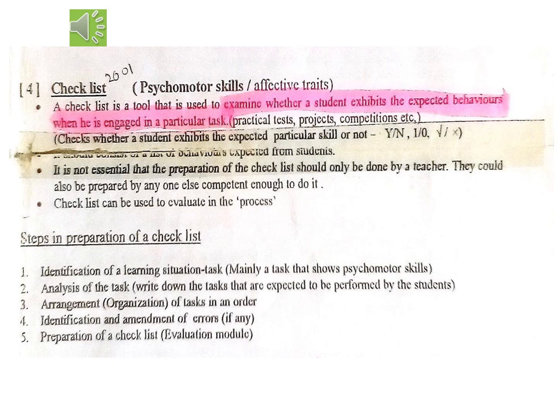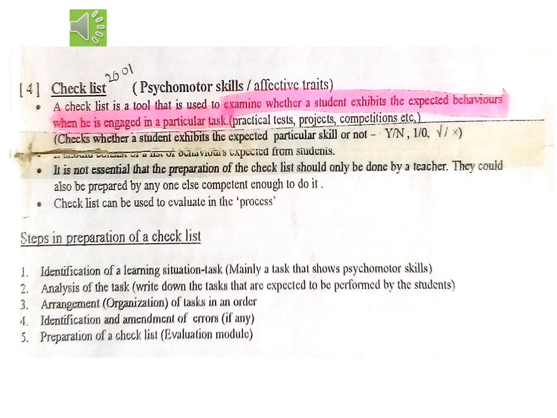Then the next one: there should be an ordered list of behaviors expected from students. Here behavior means actions, activities, tasks, steps. A list of behaviors, actions expected from the students. In a checklist, then only you can check whether the child can do this thing or not.